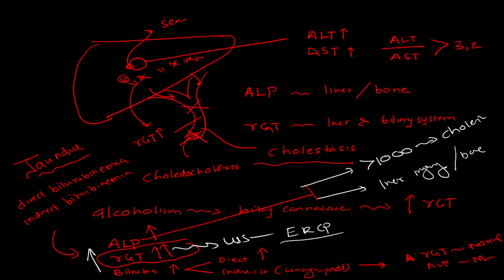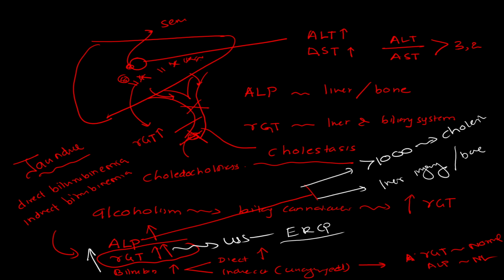Alcoholics usually have elevated gamma GT. Even after abstinence, even if you stop taking alcohol, it will remain elevated for about 3 to 6 months before going down. So doing a gamma GT will not be very significant. It will not provide you much information if the patient is already an alcohol abuser.